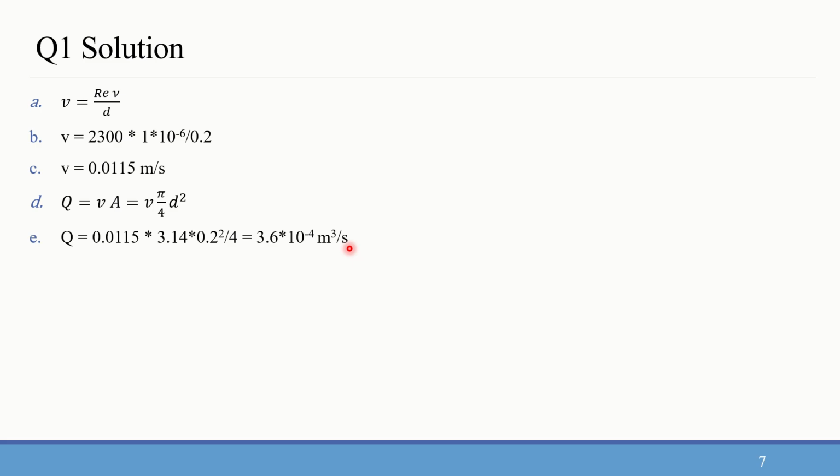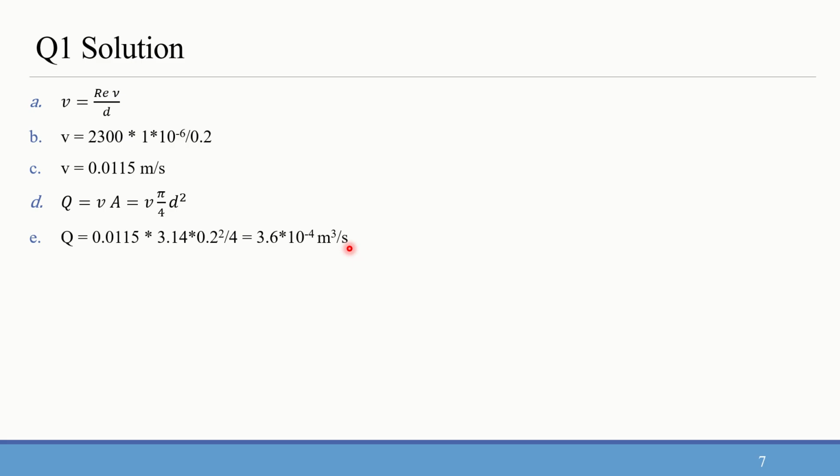360 ml is flowing in that particular cross section, that is a 20 centimeter pipe. So that is how we can relate. If it is 3.6 into 10 power minus 4 meter cube per second, we need to calculate what it will be for an hour. So what to do?